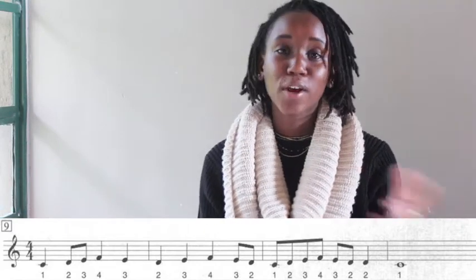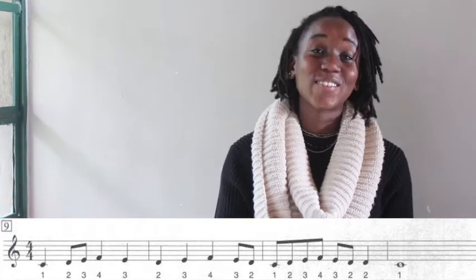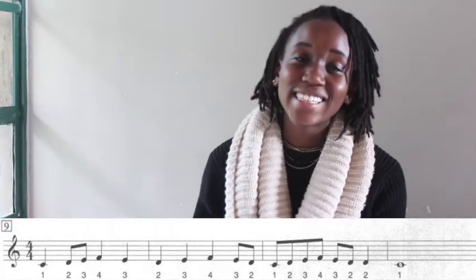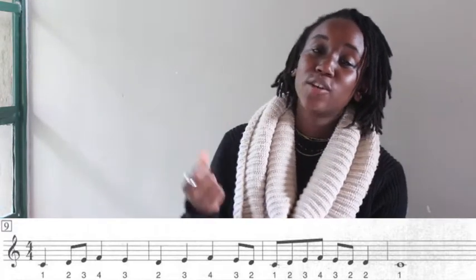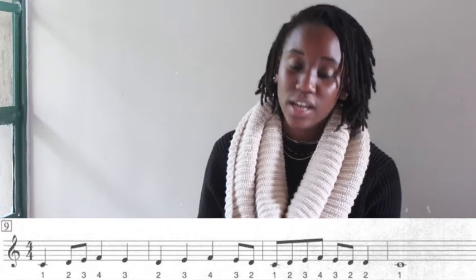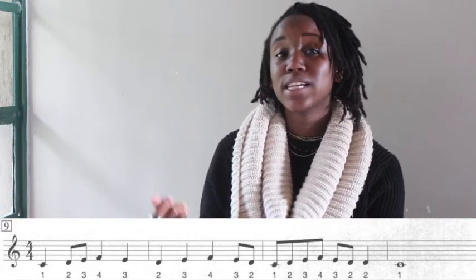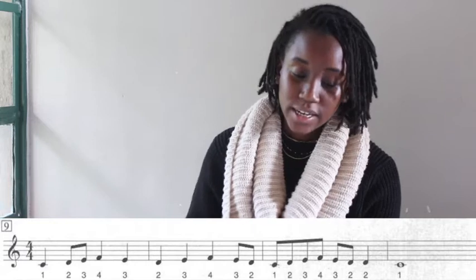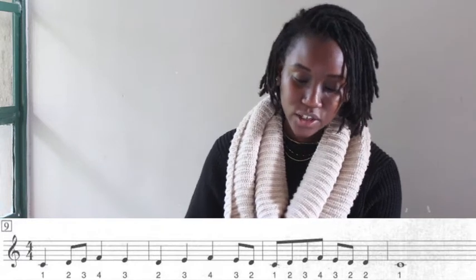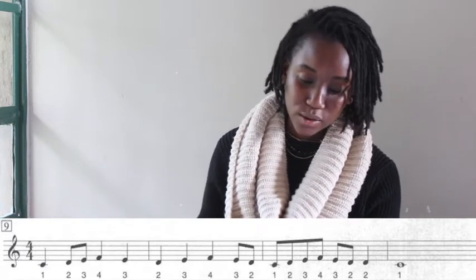That's just random sounds being made. Okay, so we need to hear an organized sound, which is why you can either tap your foot as you're reading these rhythms, or you can snap your finger, or you can tap your thigh just to keep a steady beat going. Let's do it again.